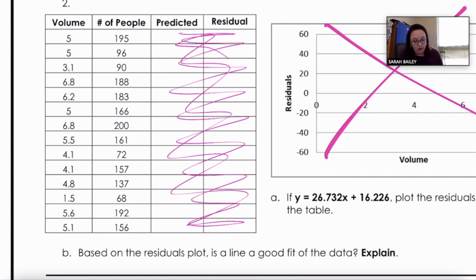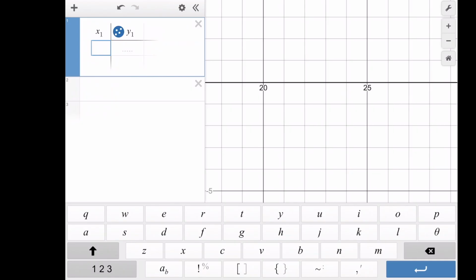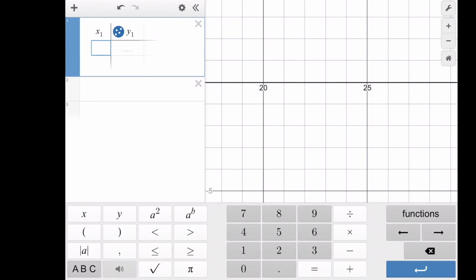So I'm going to get my table, and I X'd out the other stuff that I had before. So go ahead, if you didn't already do that, X those out.